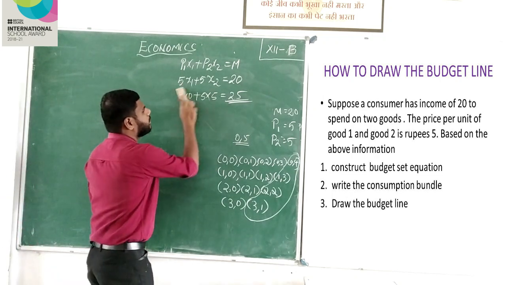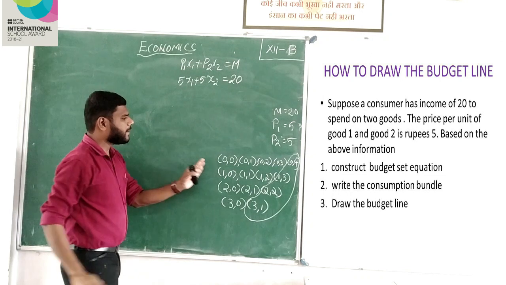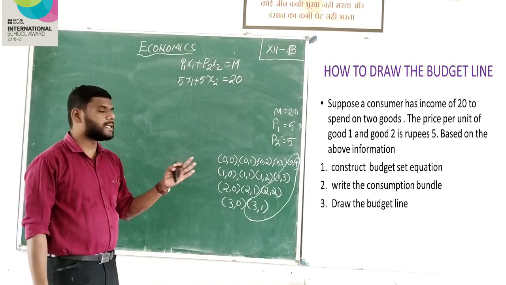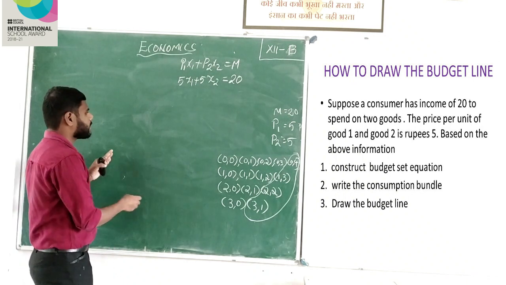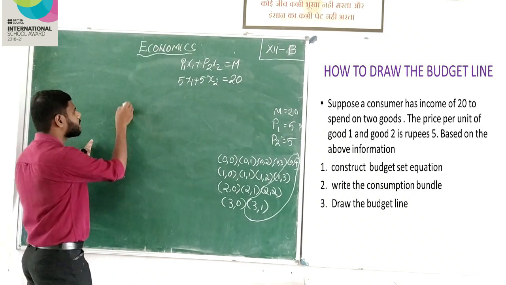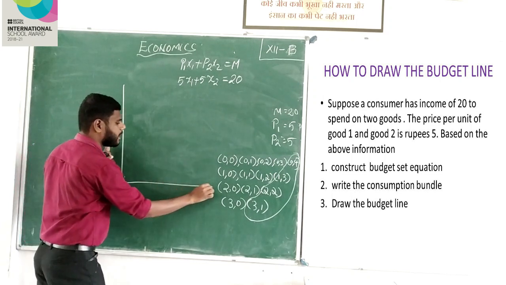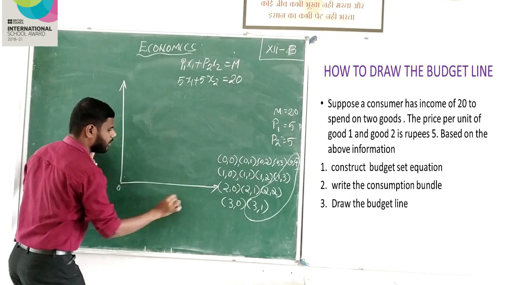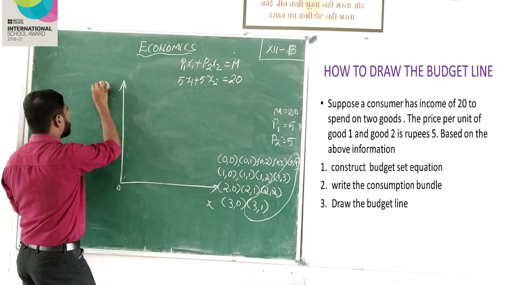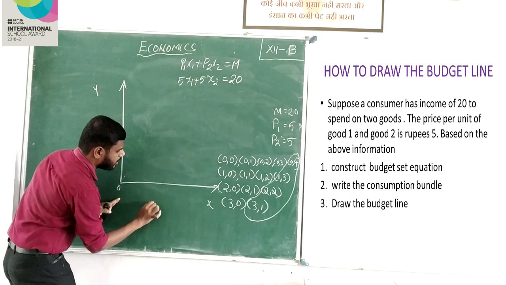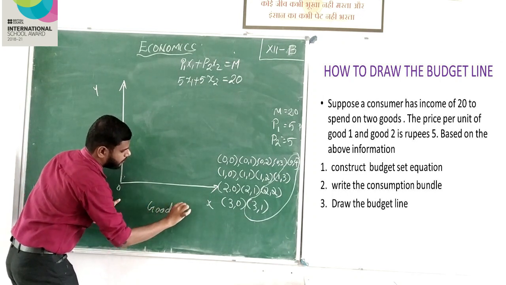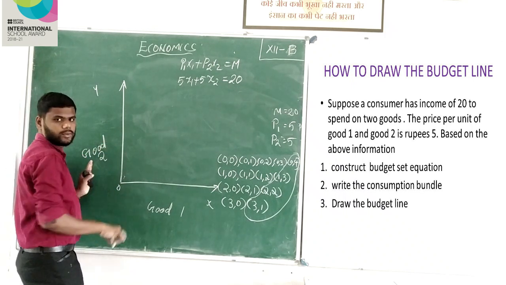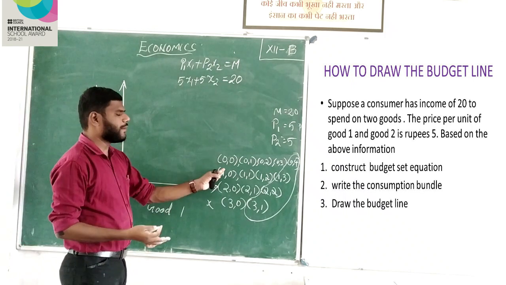Now, based on this consumption bundle, we are going to draw the budget line. As you already studied in plus 1 class, while drawing we take the x-axis and the y-axis. Here we take good 1 and here we take good 2, and we have to plot the values.